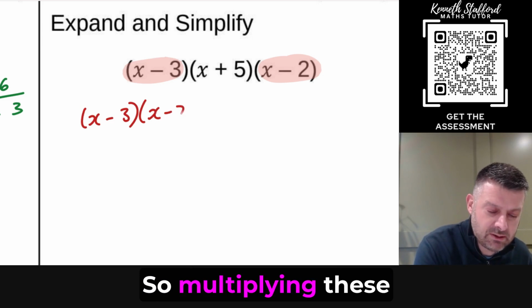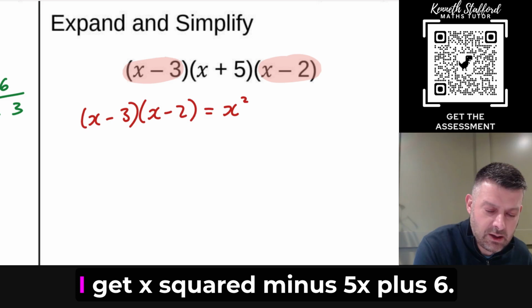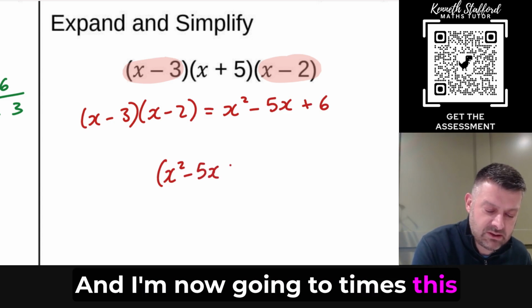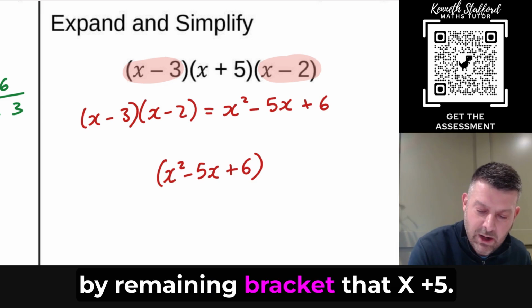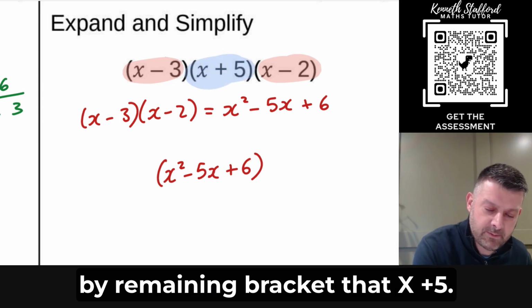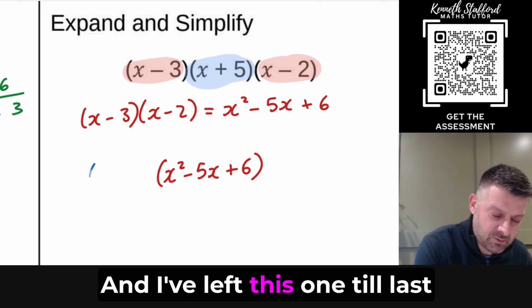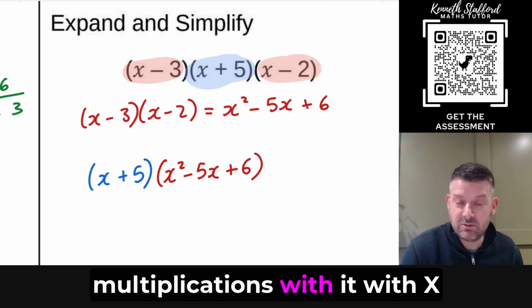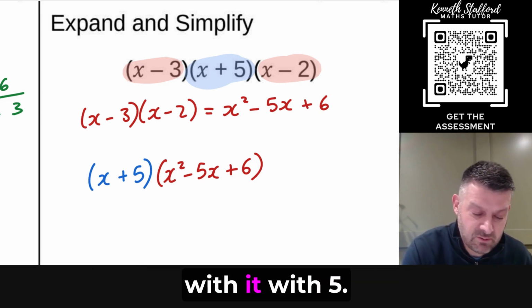So multiplying these 2 together, I get x squared minus 5x plus 6. And I'm now going to times this by the remaining bracket, that x plus 5. And I've left this one till last because I've got to do 3 multiplications with it with x and 3 multiplications with it with 5.